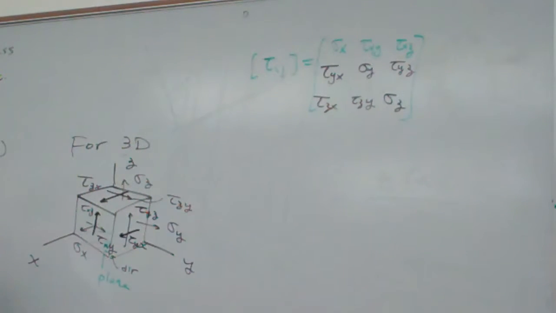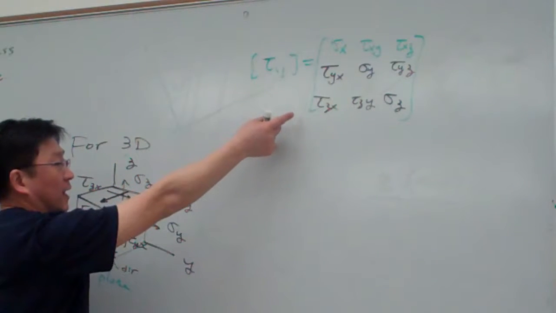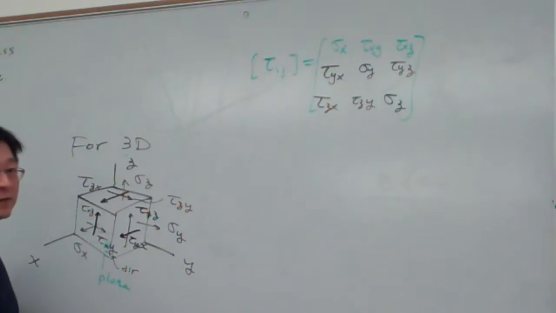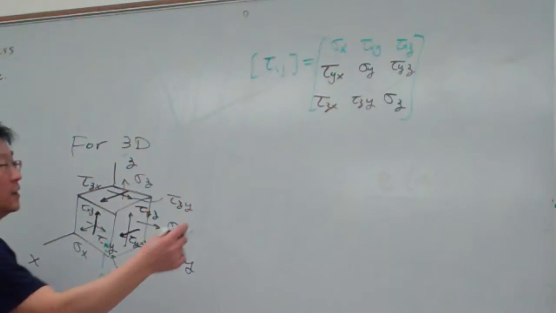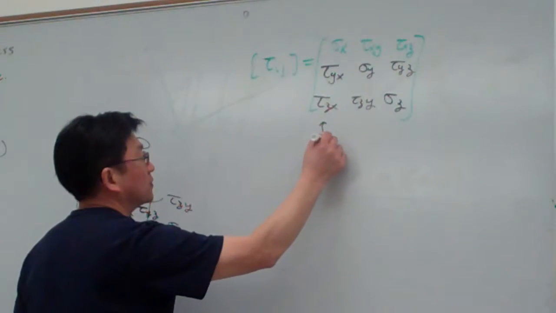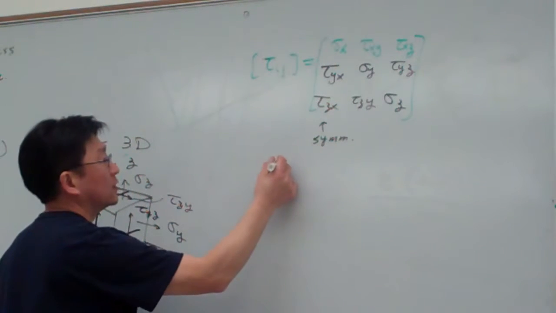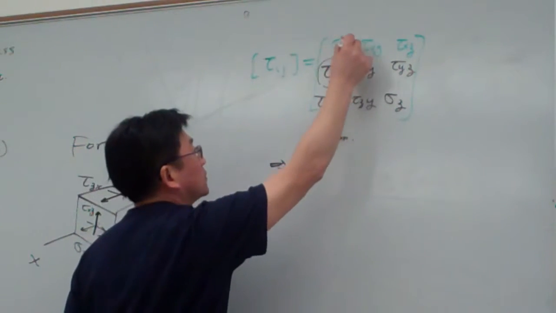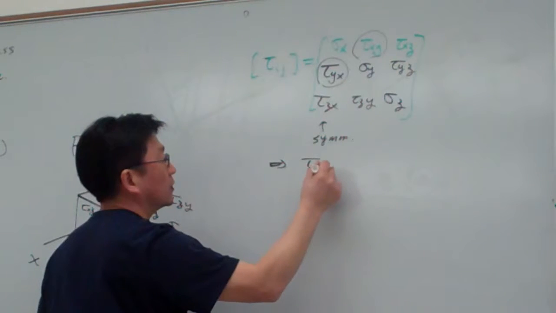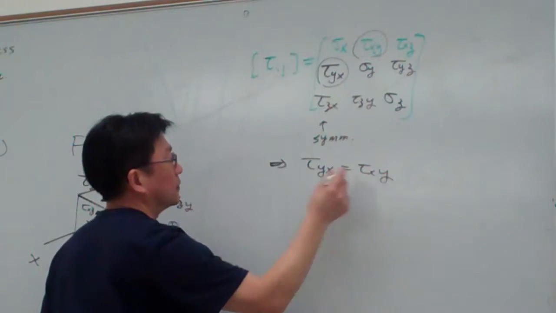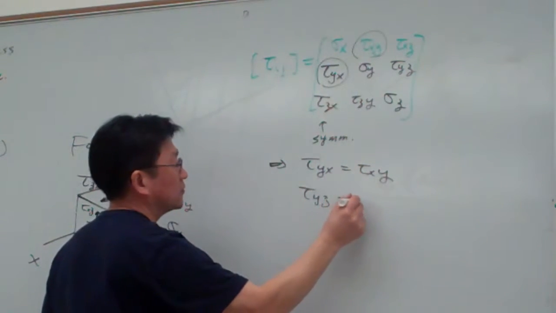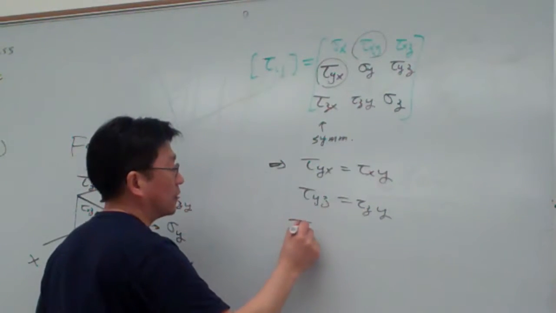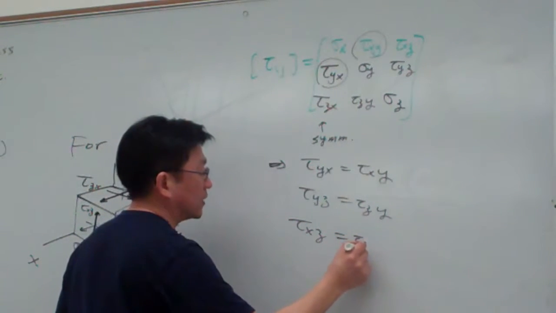So in general, we utilize 9 stress components, which in mathematics we describe in a 3 by 3 matrix form. And this one is symmetric. That means these two components must be equal in magnitude: tau xy equals tau yx, tau yz equals tau zy, and tau xz equals tau zx.